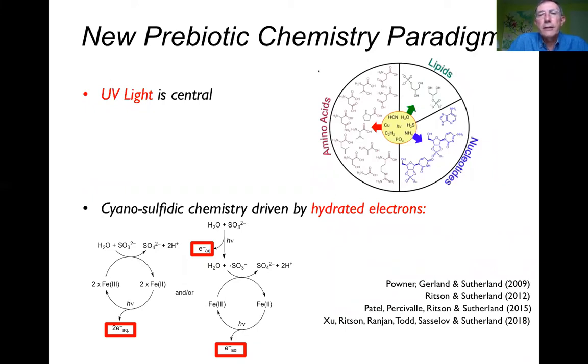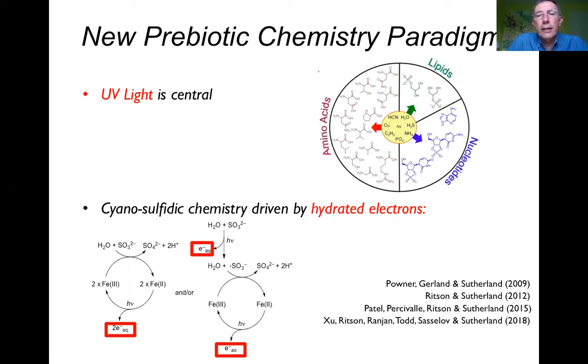The jump-starting of that synthesis is by producing what they call hydrated electrons. It turns out that in water, and of course all of the prebiotic chemistry works essentially in water, not surprising, life as we know it relates to that in many ways. Water is the solvent.